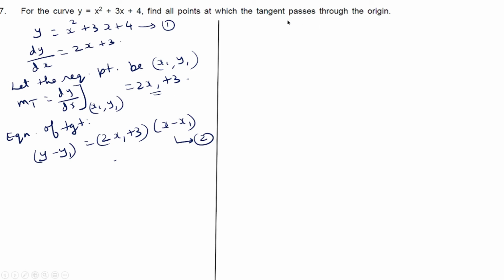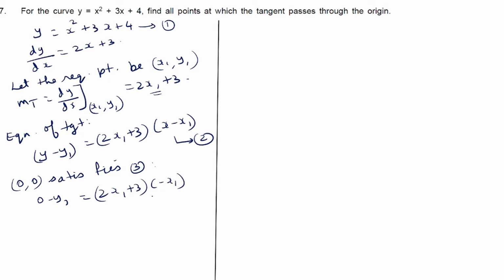Here it is given the tangent passes through the origin. So 0, 0 satisfies 3. So we have 0 minus y1 equal to 2x1 plus 3 into minus x1. Or we have y1 is equal to 2x1 plus 3 into x1.